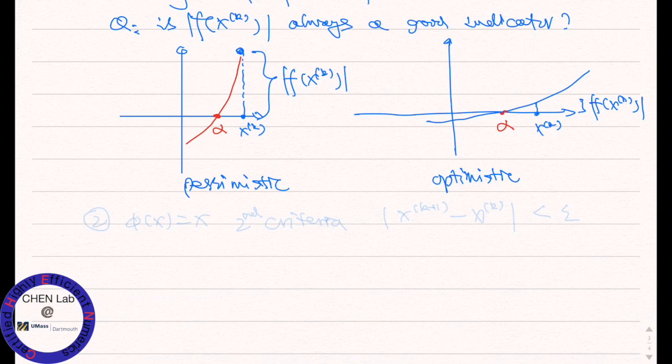All right. And for the case of fixed point, the criteria here is that you look at, because the same thing can be applied to the f of x as well, a second type of criteria: you look at this guy.